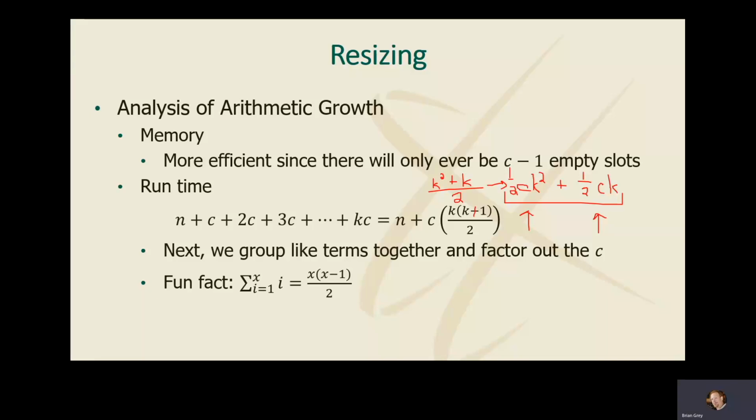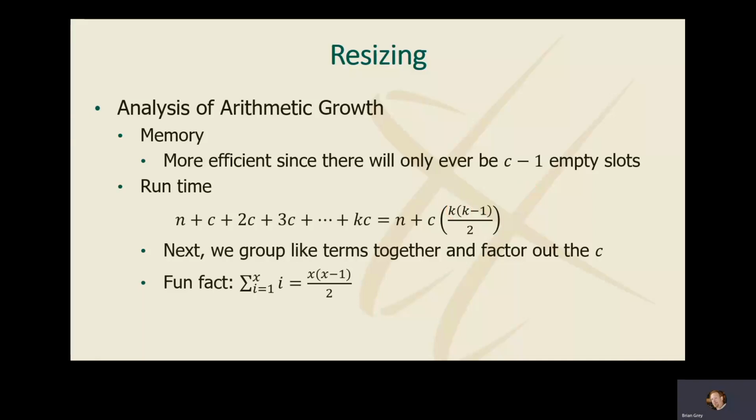We don't care about the half, so that can go away. K squared is going to matter more than K. So really, we're only worried about this CK squared term, which is why that plus doesn't matter. It can be plus, it can be minus. It really doesn't matter because we care about this portion of the term, not this portion.